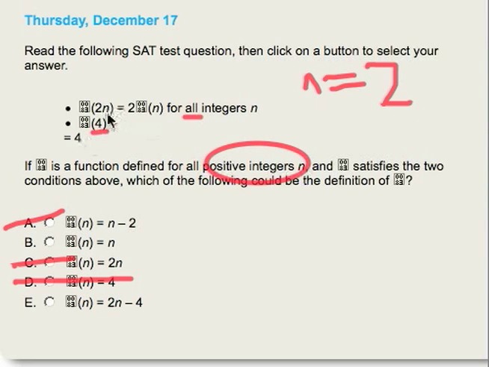So in this case, if n is 2, then that means it's 4 there, and that should equal 4. So really, box of 2 should also just be 2, because you're getting 2 times whatever that is. I know it's a little confusing, but essentially we're just using what they gave us to double check these. Now don't forget, if you get to this point, you could also just take a guess.